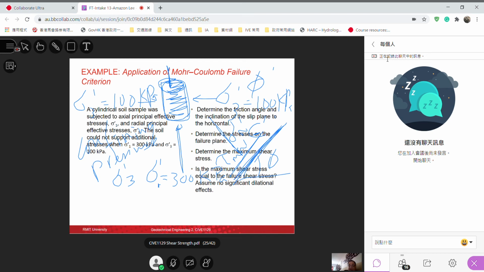This is the potential failure plane, and this is the major principal stress plane. The major principal stress applied in this direction makes an inclination. What is this angle? We discussed that. You saw the equation; we just make use of it to do the calculation.